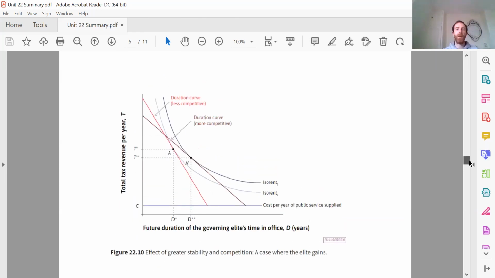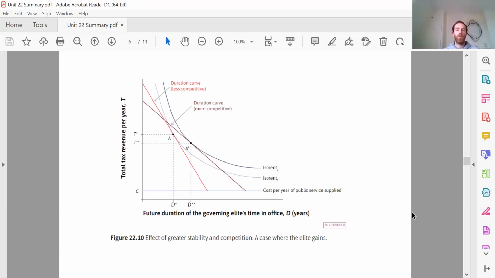Oh yeah, sorry, I forgot about this bit, which is the possibility of an increase in competition actually leading to stability, right? So what story could we tell to justify that?